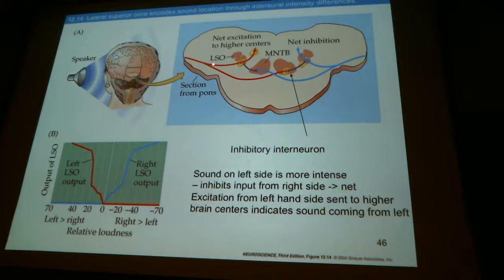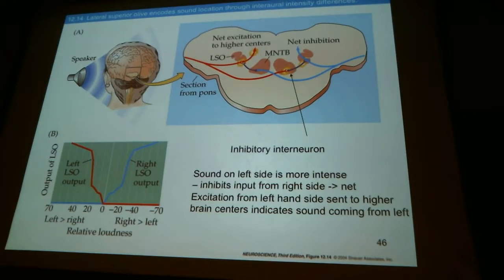So you have a direct excitatory input, and then the opposite side sends an input to this nucleus, we're just going to call MNTB, which is inhibitory. So there's an inhibitory relay. And so you have excitation ipsilateral, inhibition contralateral, and it's the balance between those two that determines whether sounds are louder on one side or louder on the other side.